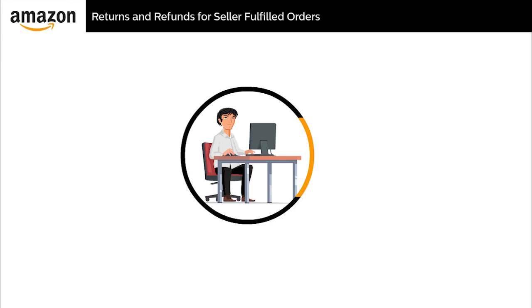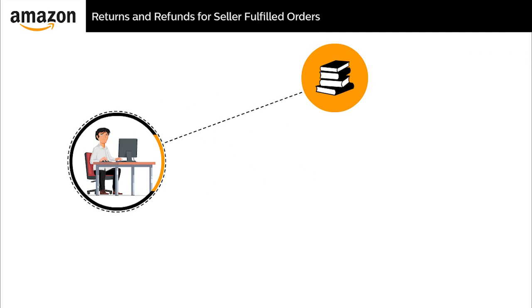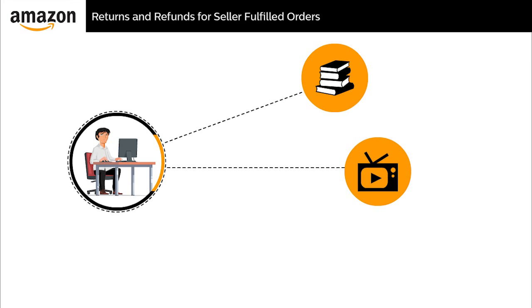Let's see what happens when a customer wants to return items that they do not want or need. Books the customer no longer wants or needs must be returned in new condition. Items from movies and TV category must be returned in new and unopened condition with all accessories and original packing unopened and intact.